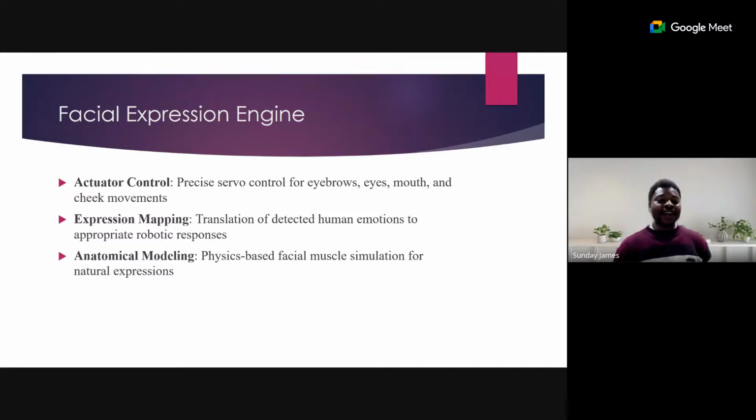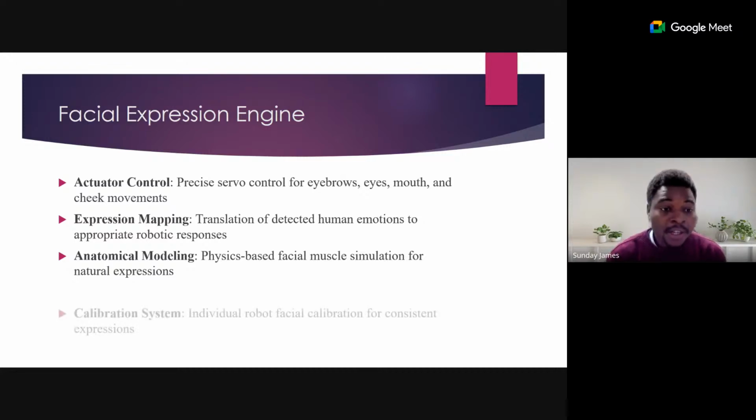All right, we have anatomic modeling. Now, physics-based facial muscle simulations for neural expressions. Designing these facial expressions, we can also create modeling such that they have a real meaning of what you actually feel.